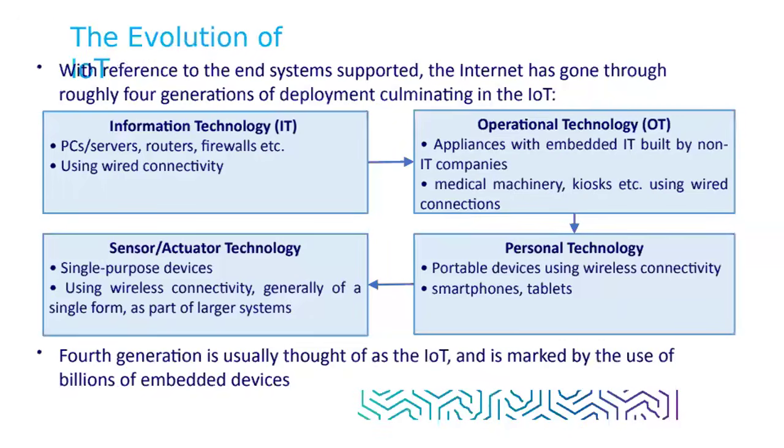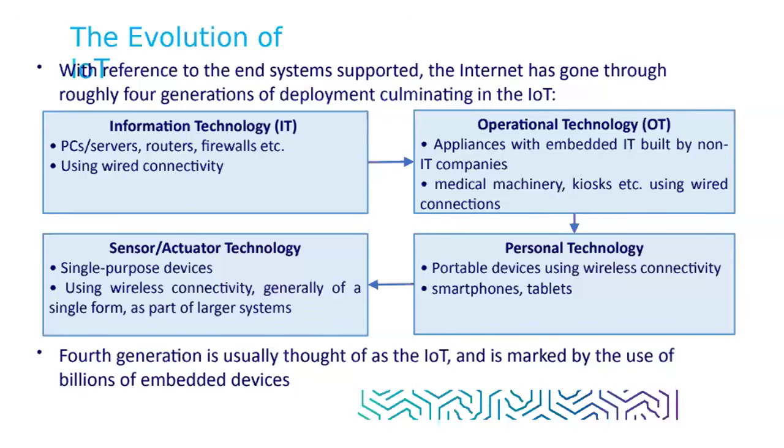And then the evolution of IoT. The internet has evolved through four generations of end systems, with the fourth generation representing the Internet of Things.